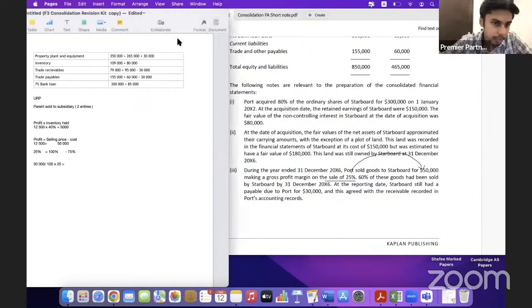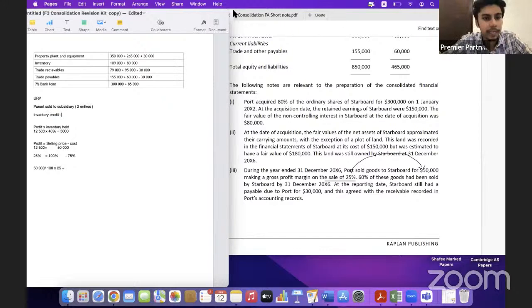Okay, now, guys, remember, if parent sells to subsidiary, what's the double entry? Inventory will become credit. Inventory becomes credit means what, guys? Minus. And if parent sells to subsidiary, think carefully. Parent makes the profit.